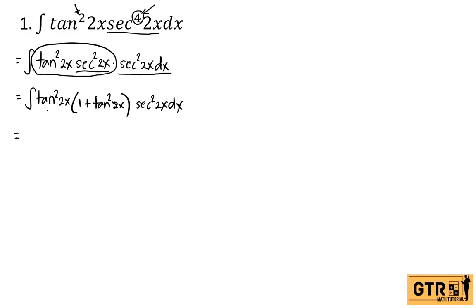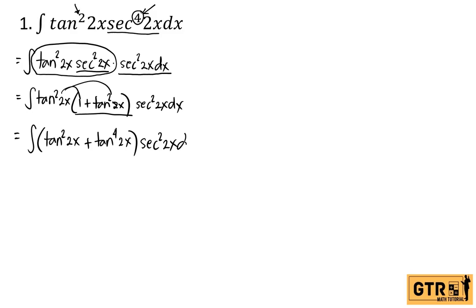The next step is to distribute the tangent square 2x to 1 plus tangent square 2x. Therefore, we have tangent square 2x times 1, so tangent square 2x, plus, adding the exponents, tangent square 2x times another tangent square 2x, which is tangent to the fourth 2x, and then times secant square 2x dx.